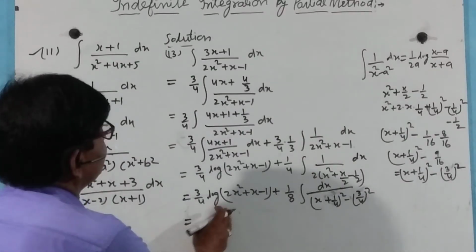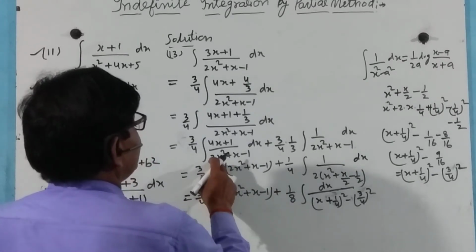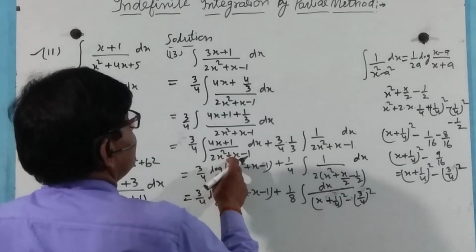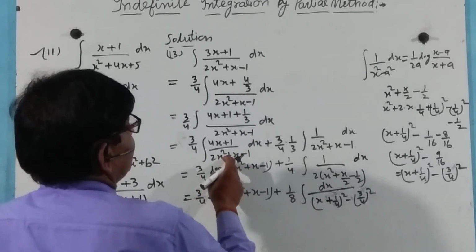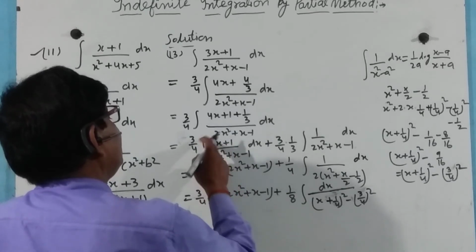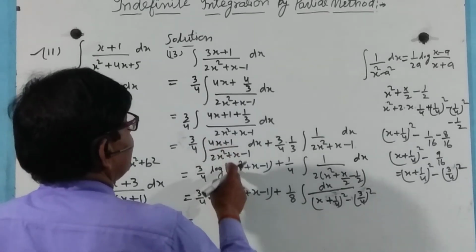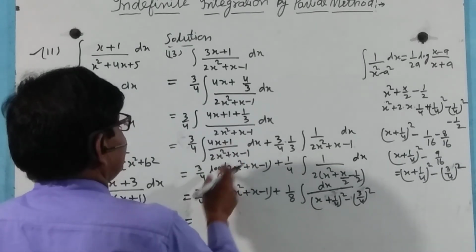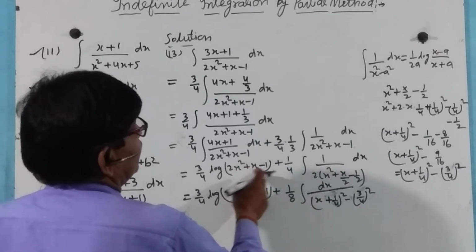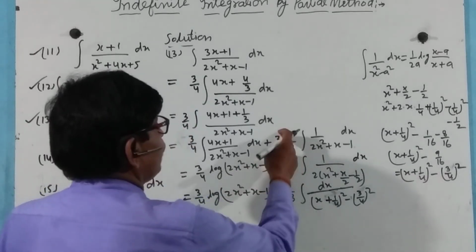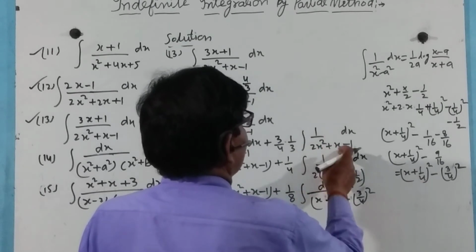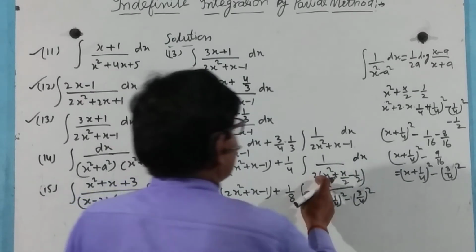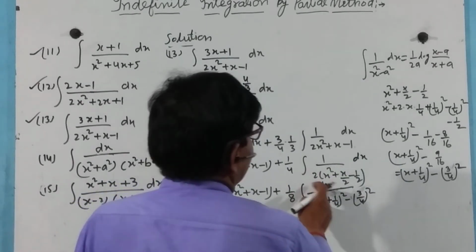Now here 3 by 4, and putting 2x square plus x minus 1 equal to t, so that (4x plus 1) dx is equal to dt, the integration of dt by t gives log t. Putting the value of t, this is 3 by 4 log (2x square plus x minus 1). 3 cancel, 1 by 4 here, 1 by 2 comes common here, x square plus x by 2 minus half, so 1 by 8 dx by this.